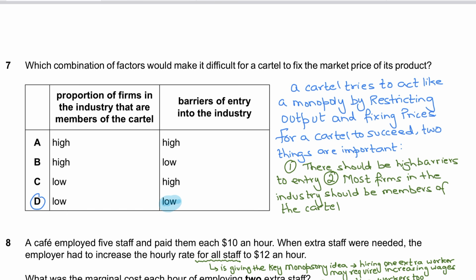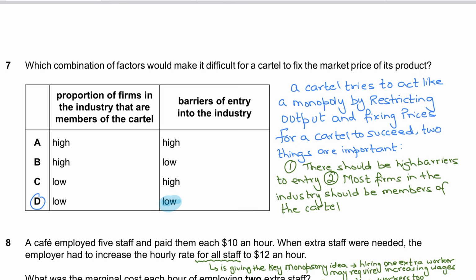So if the cartel is fixing a price of, let's say, $100, then all the other firms are selling at $50 or $60. And only 2 or 3 firms are part of the cartel membership. So who's the one dominating here? Who's the one who's going to take the cake? The people who are outside of the cartel. So those outside firms may undercut the cartel price and steal the customers. So the cartel cannot effectively control the market in that context.